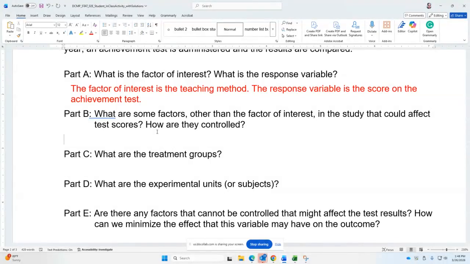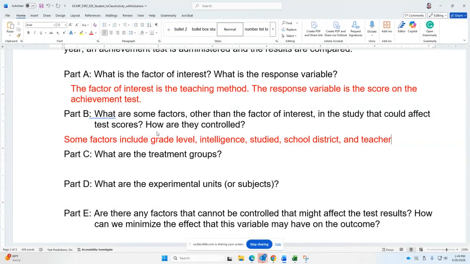So just in general, what could affect test scores? So some factors include maybe grade level of the student, their intelligence, if they studied, school district, maybe rich or poor, and maybe teacher, right? Do they dedicate more time to you to answer your questions or not?